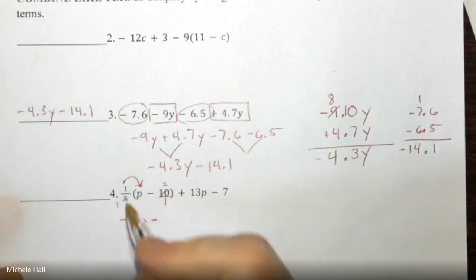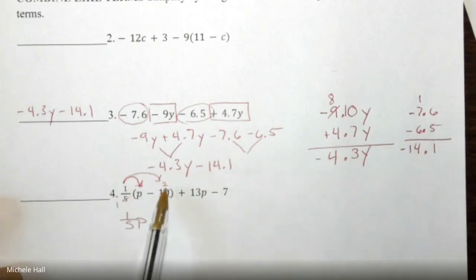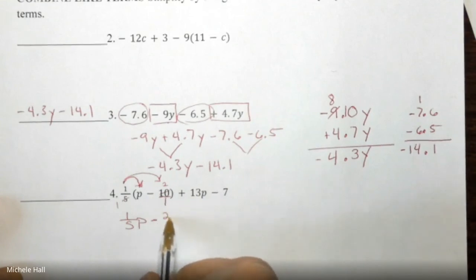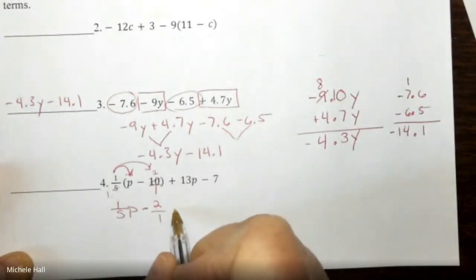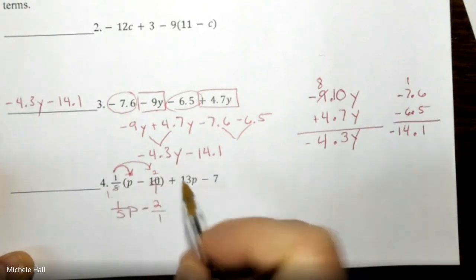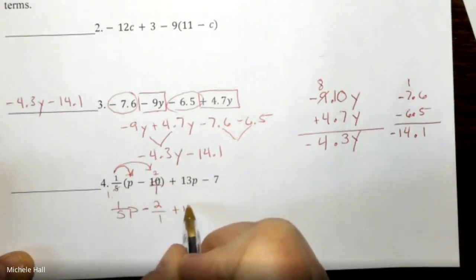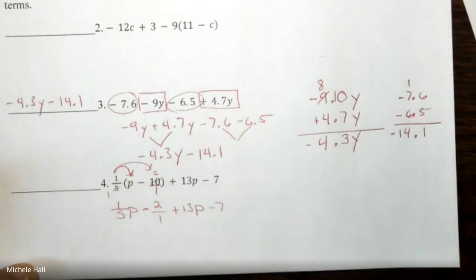And now I just multiply straight across. 1 times 2 is 2. 1 times 1 is 1. I'm done multiplying with my fraction. I'm going to bring down the rest of the expression. I have a positive 13p and then a minus 7.